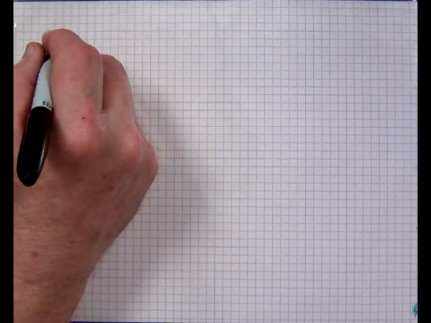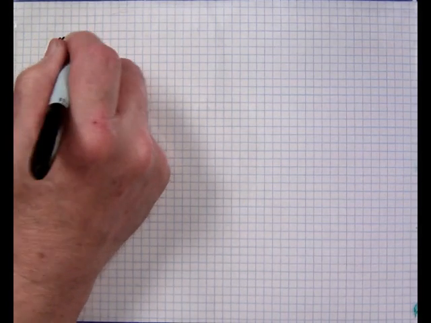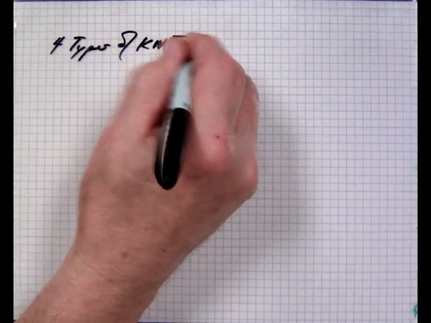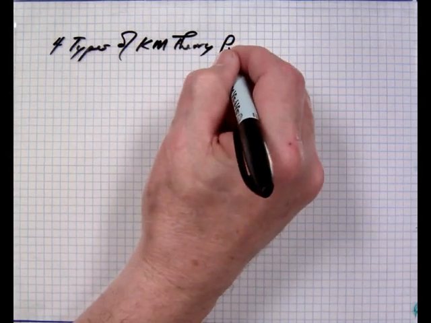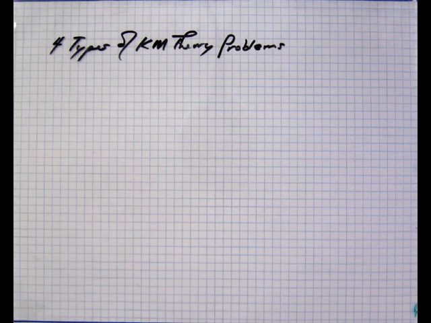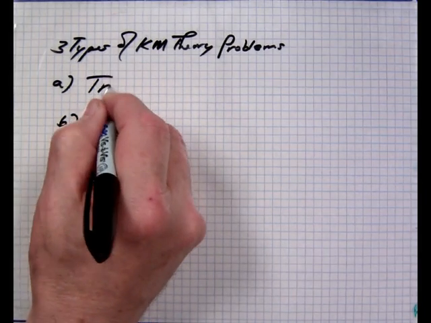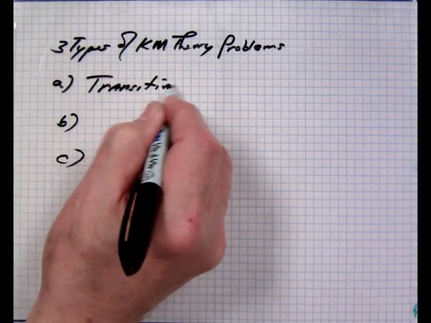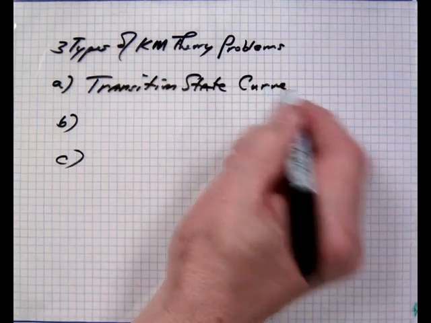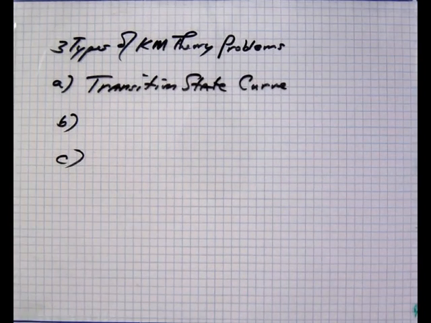I'm going to put this at the end of the video. It'll be on there. Four types of kinetic theory problems on the exam. Transition state curves. And this is what we've just talked about, comparing the left side and the right side.